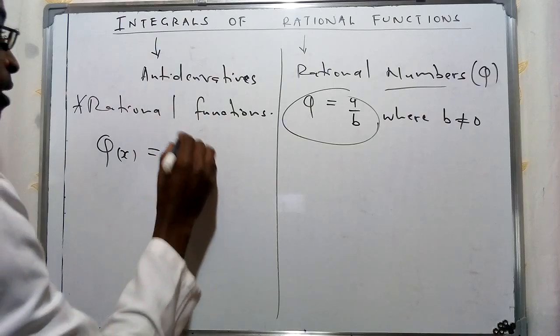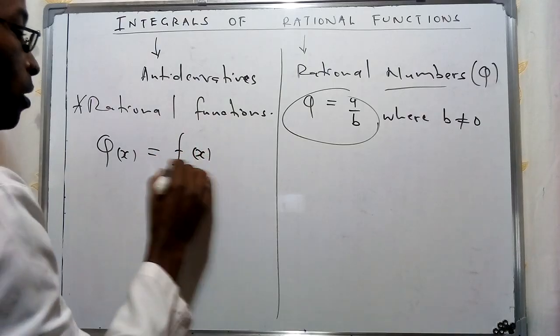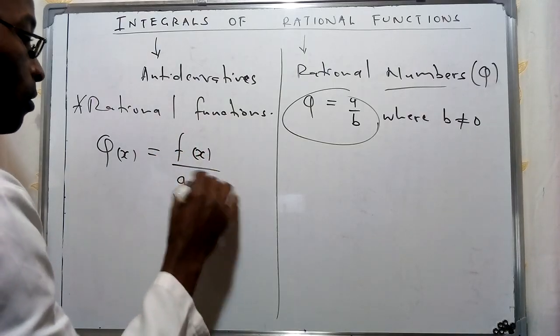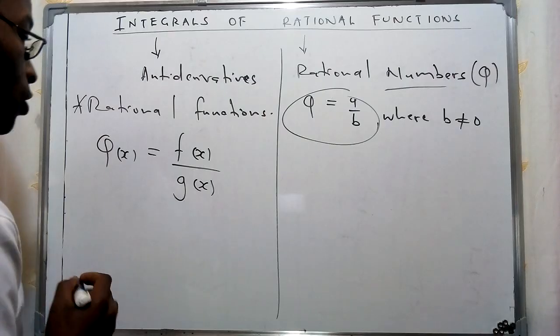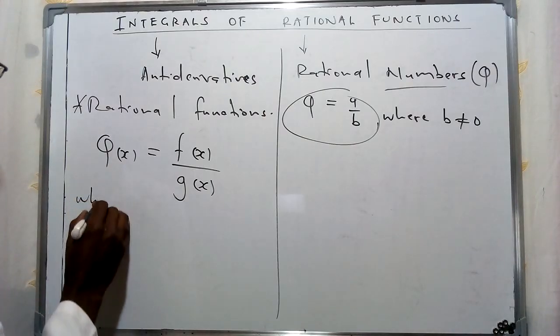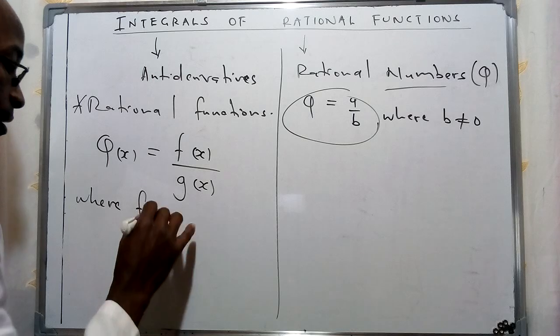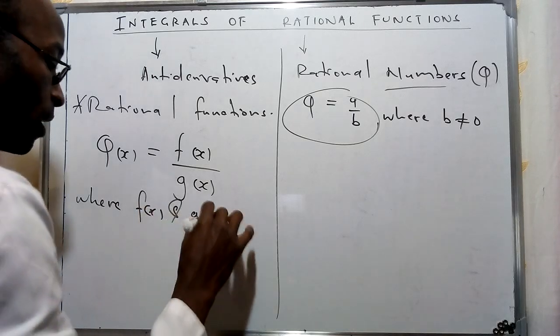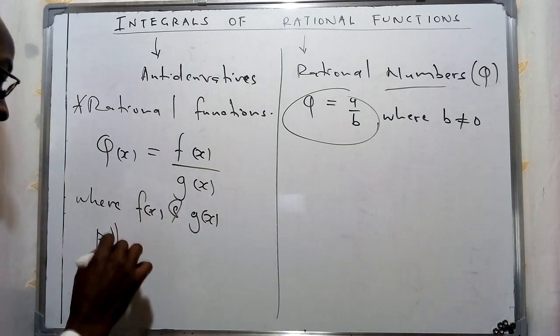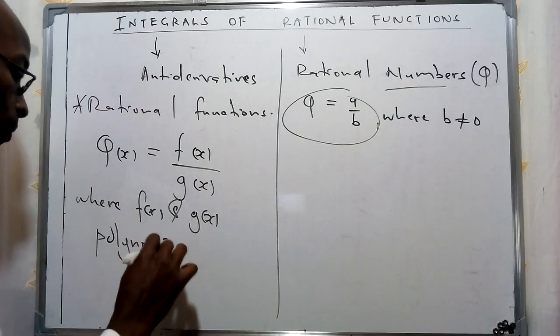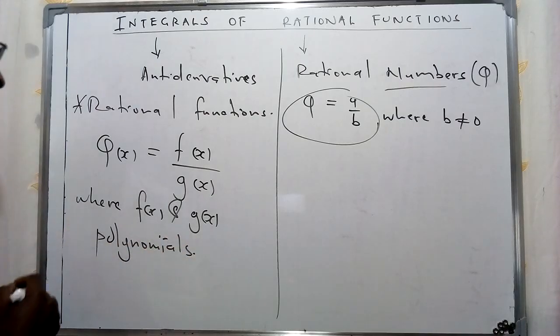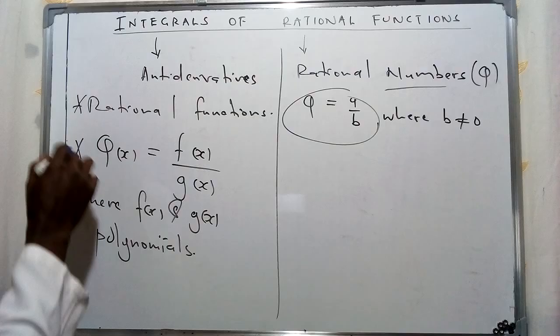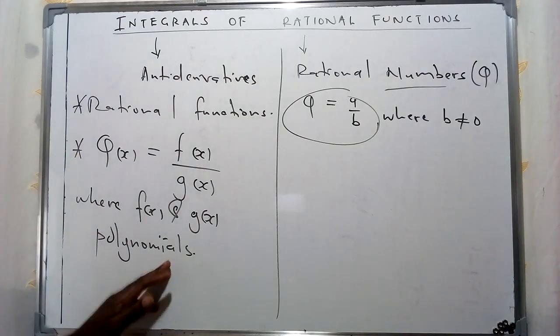So this is given as the ratio of two polynomials, f of x and g of x, where f of x and g of x are what we refer to as polynomials. And of course, we're going to evaluate the integral of this specific type of function.